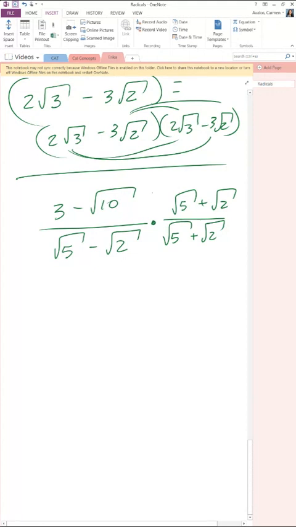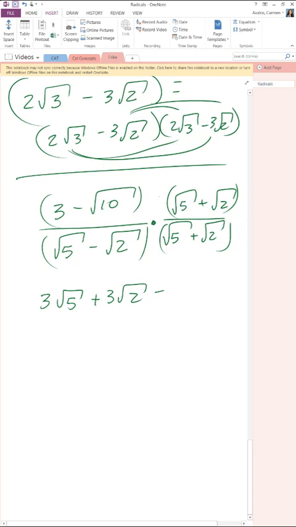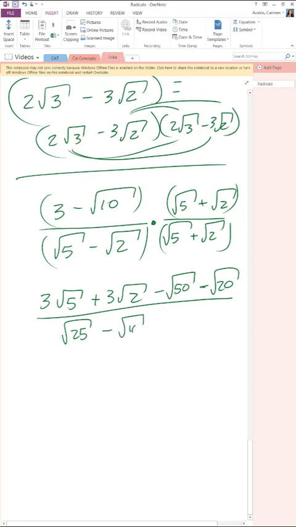So what happens is that you have these quantities being multiplied to each other, and when I distribute, I'm going to get 3 square root of 5, and then plus 3 square root of 2, and then minus, when you multiply, you can multiply those together, and you end up with negative square root of 50, and then minus square root of 20 all over square root of 25, and then minus square root of 10 plus square root of 10, and then minus square root of 4, right?